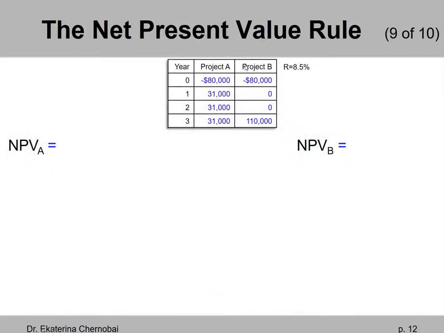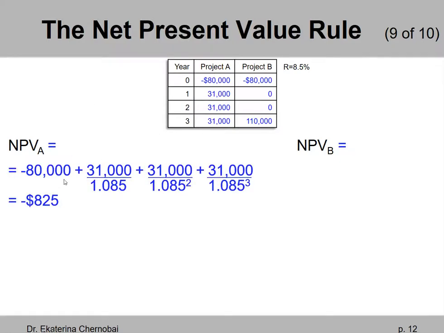Now back to our two mutually exclusive projects, A and B. Let's calculate the NPV for project A. So if you do it by hand, you take negative $80,000 for year 0, and then you add $31,000 from year 1 divided by 1 plus 0.085, the discount rate, plus $31,000 from the second year, discounted back by 2 years, so the power would be 2, attached to 1 plus the discount rate, and then you add the third term, the last $31,000 at the end of the third year, discounted back by 3 years.